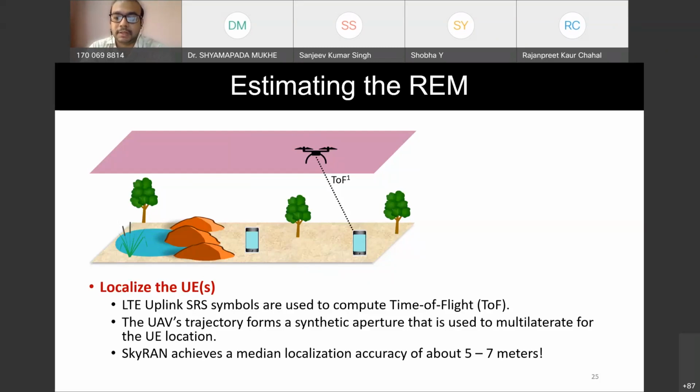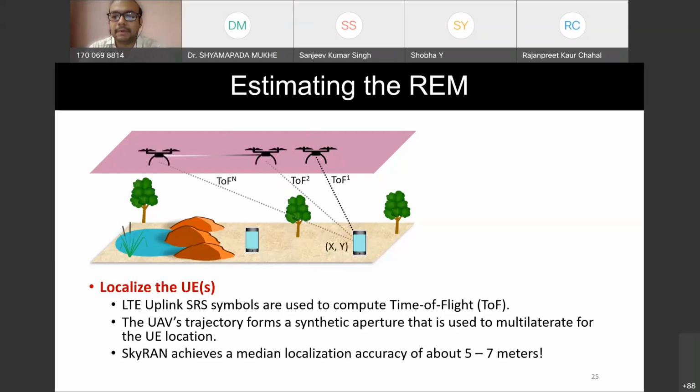So the wireless technology is going to offer you some modality by which you can calculate the time of flight. It could be ultra wideband, or, if you want to do it using the existing communication system, let's say Wi-Fi or LTE, there are ways to calculate this time of flight.